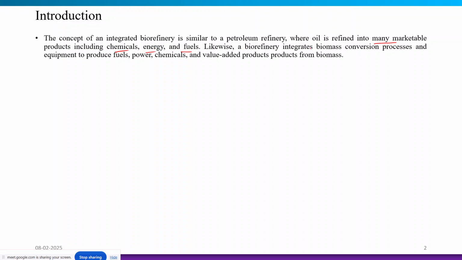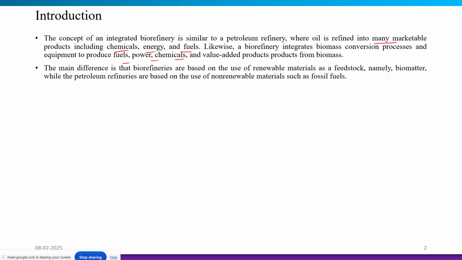Likewise, a biorefinery integrates biomass conversion processes and various equipment, just like a petroleum refinery, to produce fuels, power, chemicals, and value-added products from biomass.